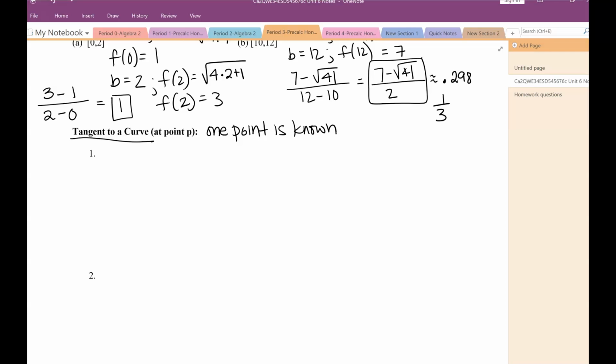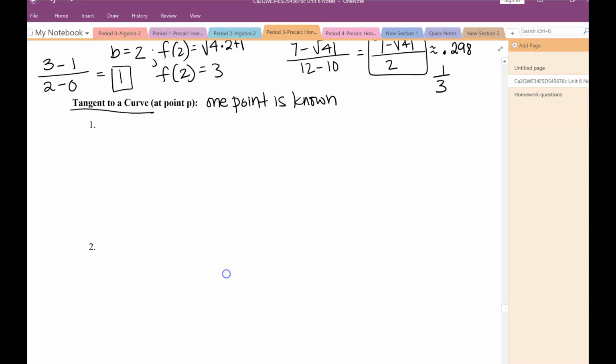Okay. So I'm going to spell out everything verbally first, and then we'll practice it.